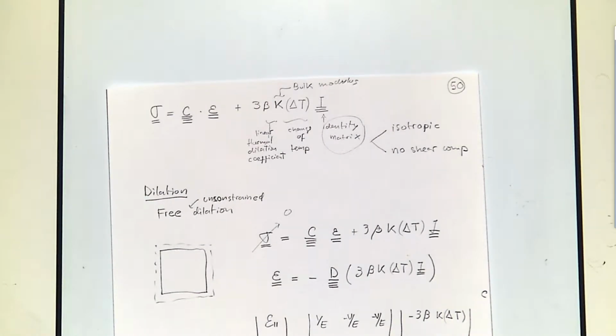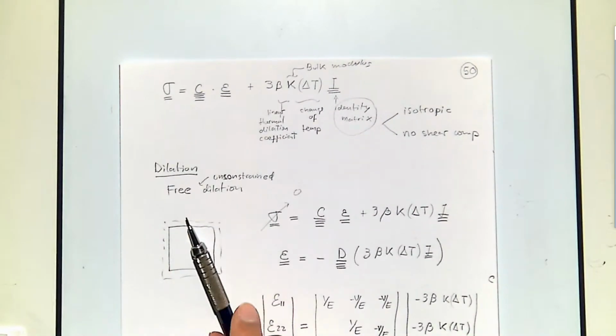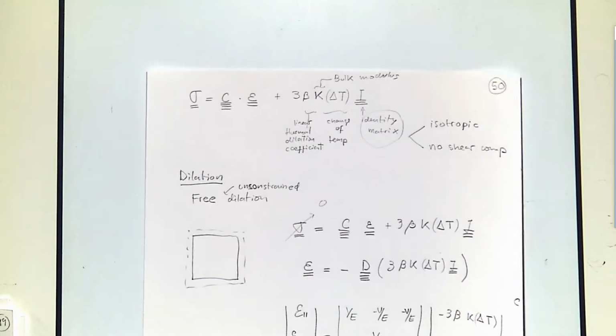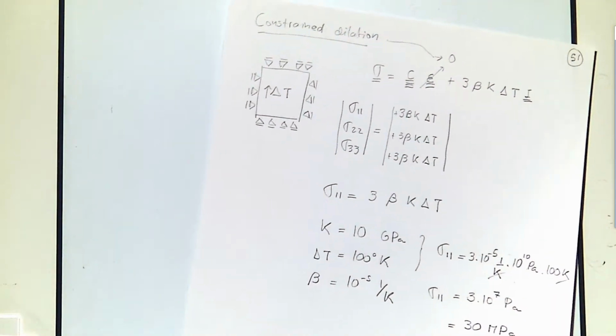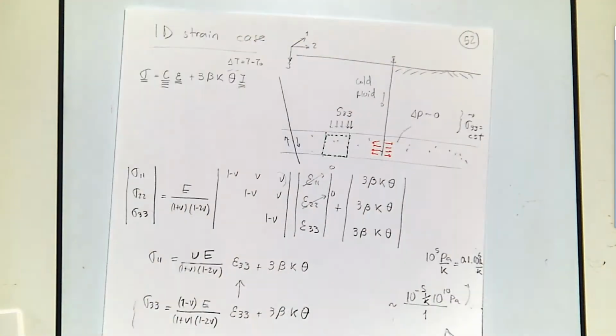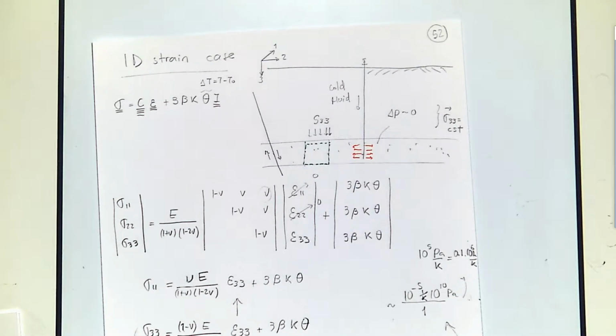All right, so the last thing that we did was we used this constitutive equation to run a few examples of what happens if you let a solid dilate, or what happens if you let a solid take temperature under constrained condition, and then last, what happens if you have a more realistic boundary condition, not fully realistic, but more realistic, that you have strain just in one direction.